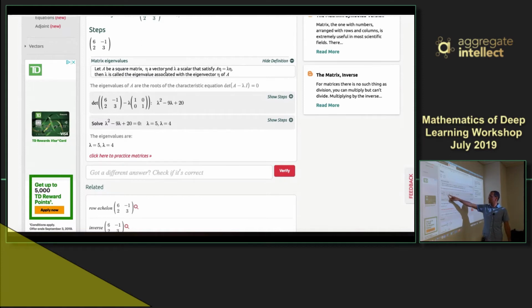But we basically solved the equation of the determinant of the matrix minus lambda times identity equals 0, and we found the solutions.